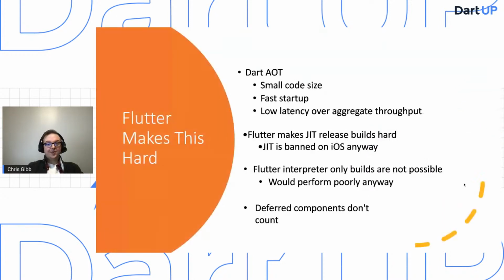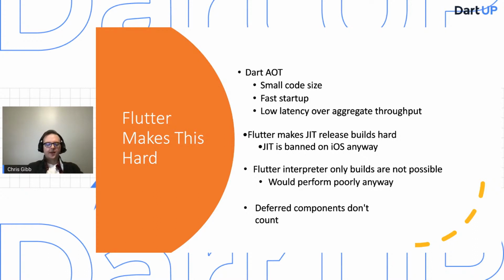So Flutter, by its very nature, makes this extremely difficult. Dart AOT, Dart's ahead of time compiler, is optimized to produce small executables that exhibit very fast startup, right? It favors low latency over aggregate throughput. And these are all qualities that we expect from our apps, right?